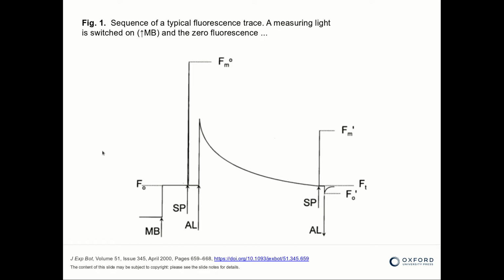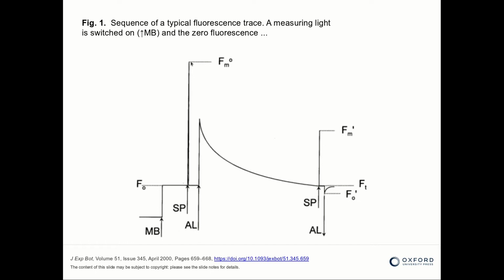Okay, so after we've measured this initial level of fluorescence in the dark, we can hit the plant with a saturating pulse of light. This is an extremely bright light, so bright that all of the photosystem 2 reaction centers will become closed, or be in their excited states, the P680 star state.